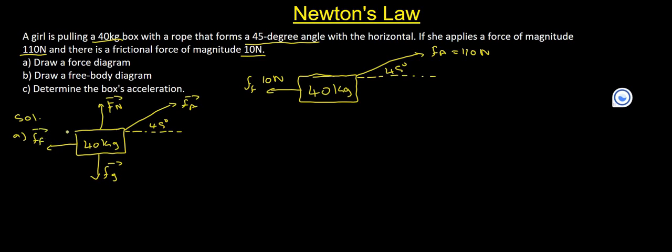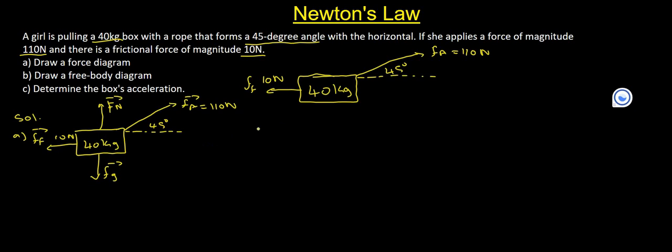These are the forces that are acting on the diagram. Then since the magnitudes of the applied and frictional force are given, you can write them. Then say this is 10 Newton and our applied force is 110 Newton. This is our force diagram.